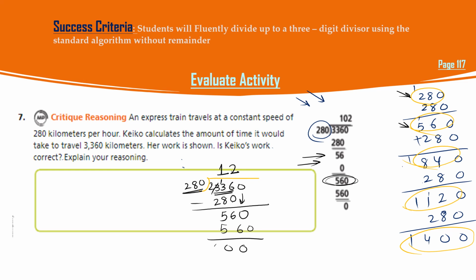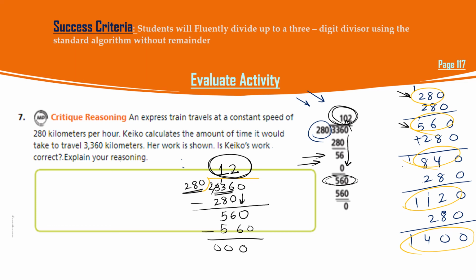Now subtract. Now what you have seen is that in my answer I get 12 and in Keiko's work it is 102. What you did, rather than writing this 0 one time, he wrote the 0 down and at the same time he wrote the 0 up, which is wrong.